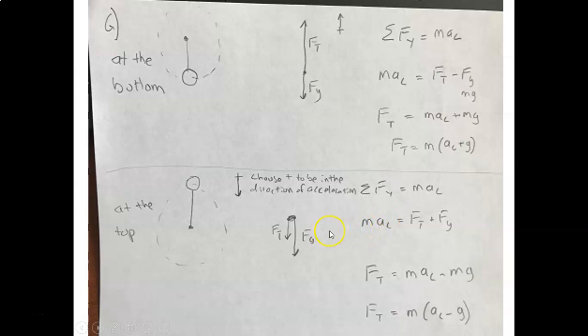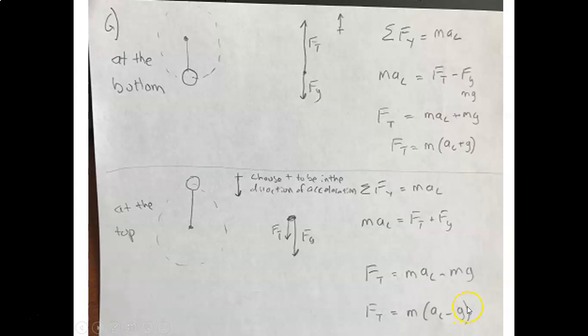Now if we look at our force diagram, the force of tension is down and the force of gravity is also down. So our net force is equal to Ft plus Fg because they're adding together. Substituting in for mg and solving for Ft, we get Ft equals m a sub c minus mg.